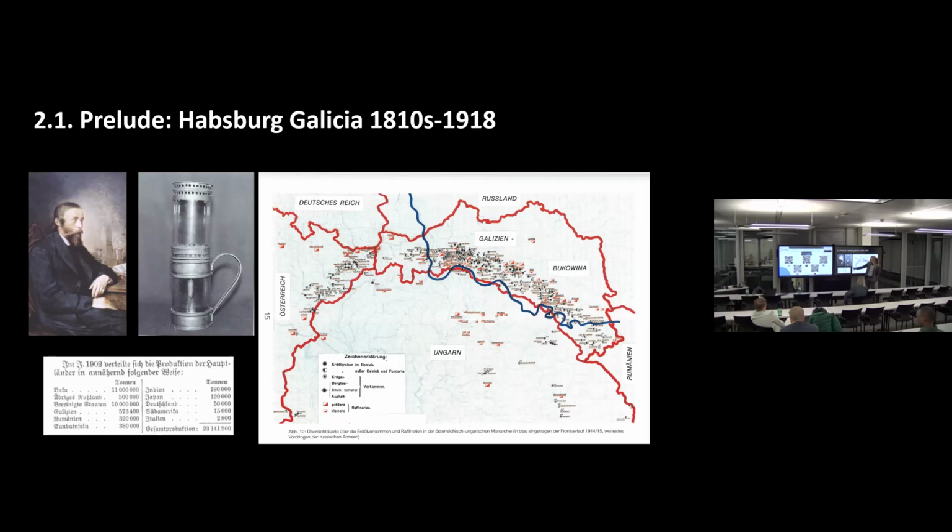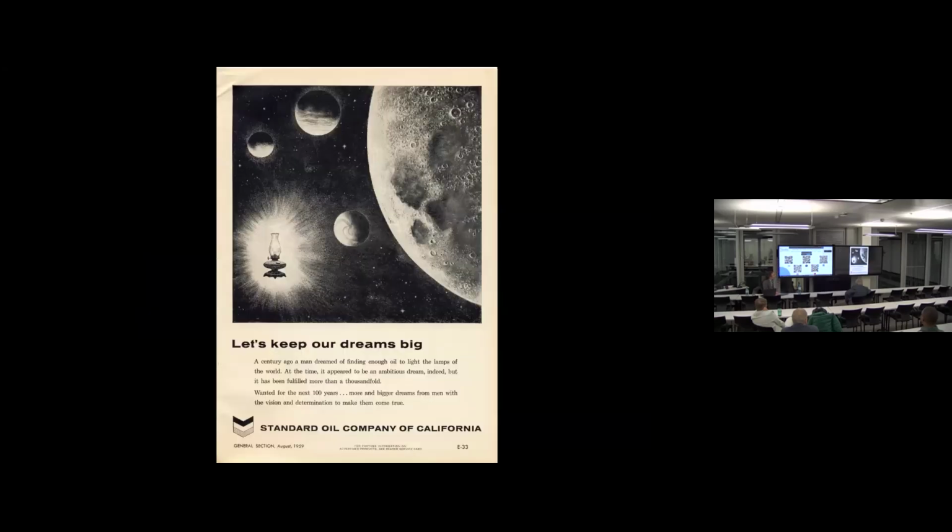And here we have some small production numbers: about 12 million tons produced in Russia, mainly in the Baku region, 10 million tons produced in the United States, and in third place in the world, Habsburg Galicia. So it was not so big, but it was quite an interesting area.